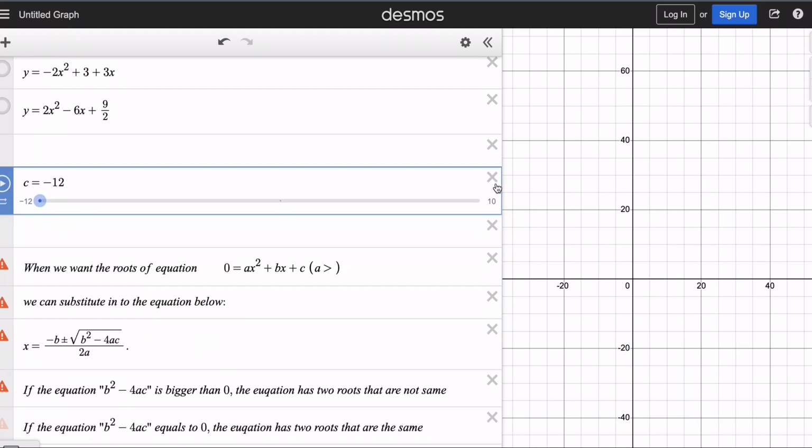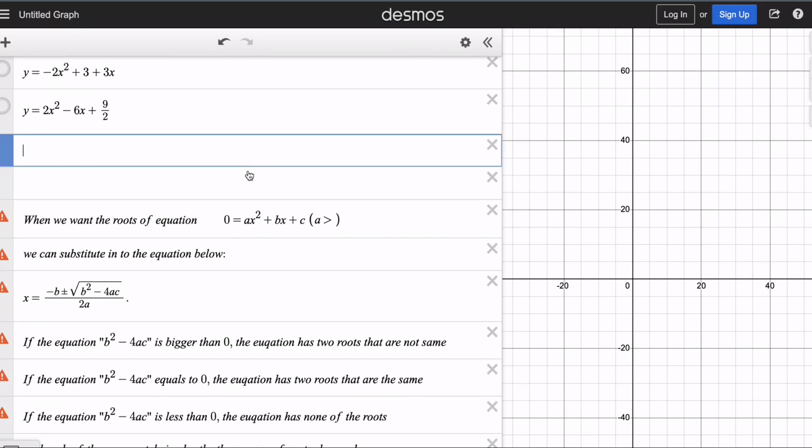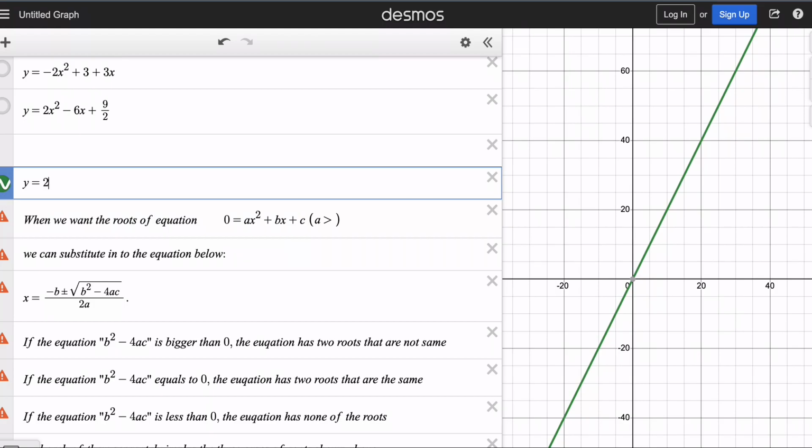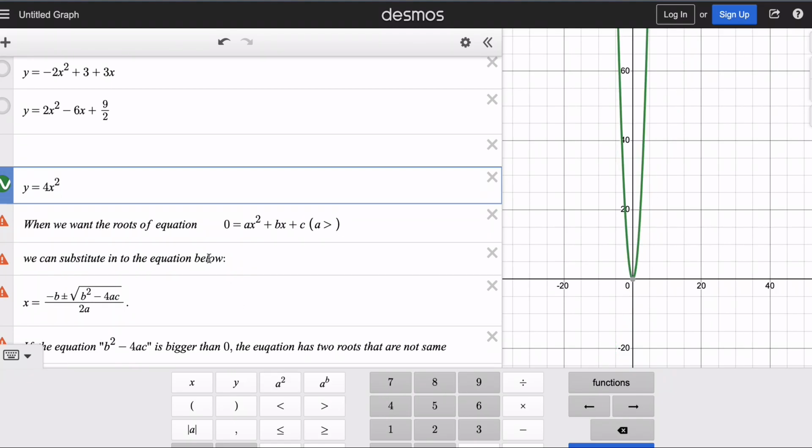Now for another one. For example, if I want another equation, like y equals 4x squared plus 9x, and I want it to have no real roots, that means the discriminant must be less than 0.